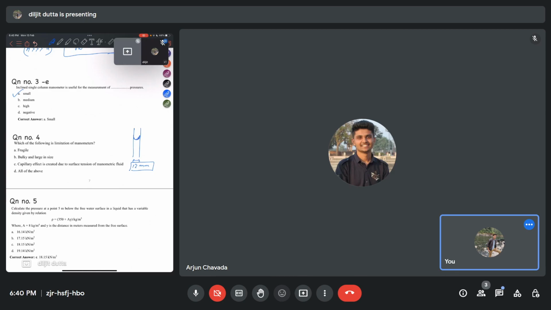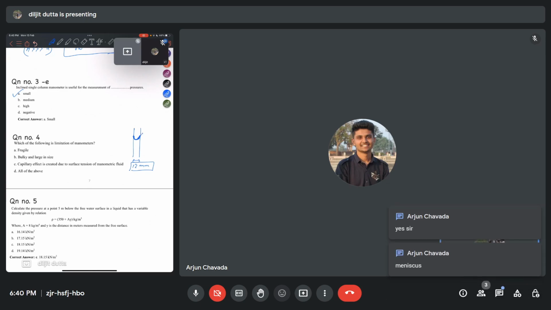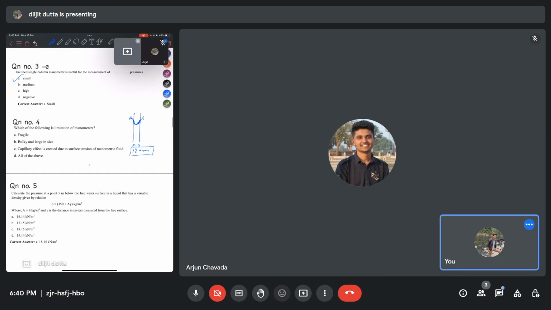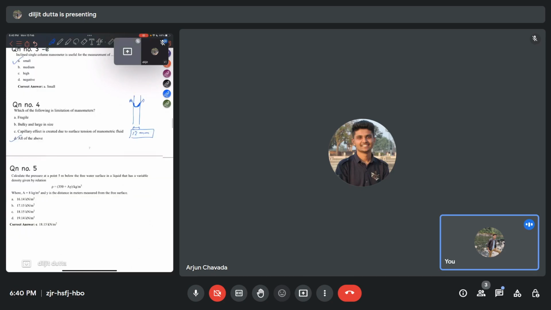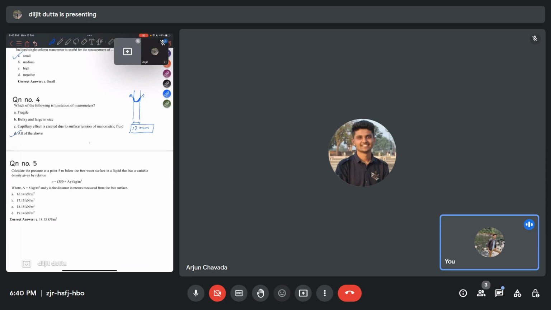The manometer fluid, whether mercury or whatever, will rise, the surface tension will not be negligible, and this will cause capillary rise in the manometer column. This will again give erroneous results. So all three problems are relevant to manometers, and the correct answer for this question will be all of the above.